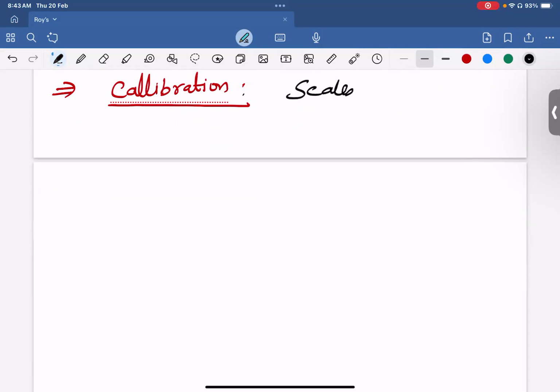Some scales are chosen here. To scale, first we keep a lower fixed point that we call LFP, lower fixed point.